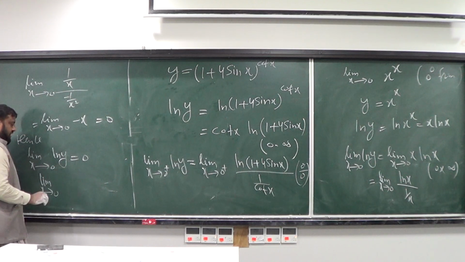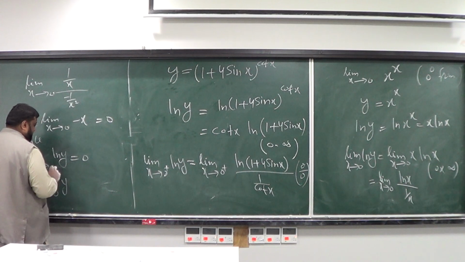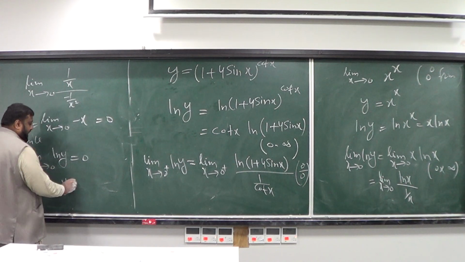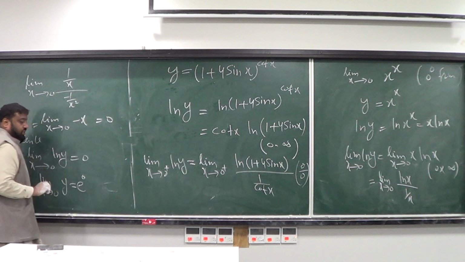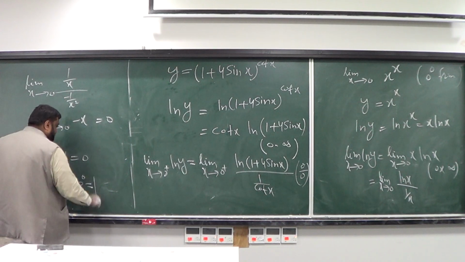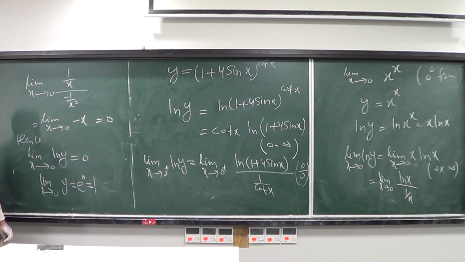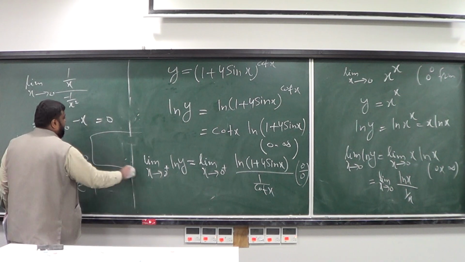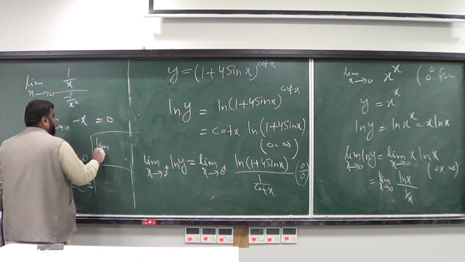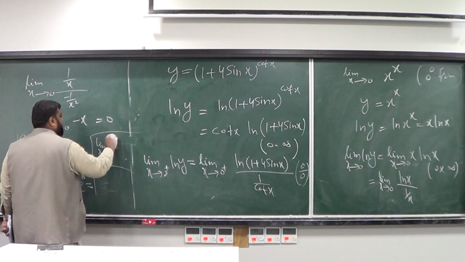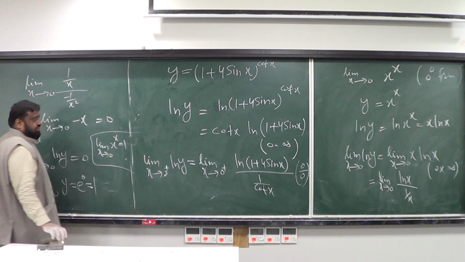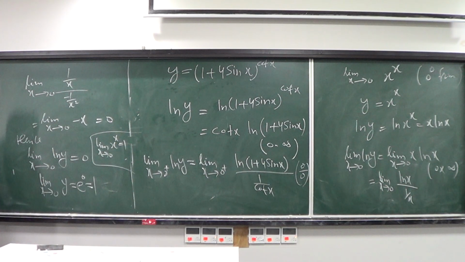Limit x goes to 0, e to the log y is going to be y, and this is going to be e to the 0. And hence you get 1. Thus you can say that the limit x goes to 0 of x power x is equal to 1. So this is the way to deal with it.